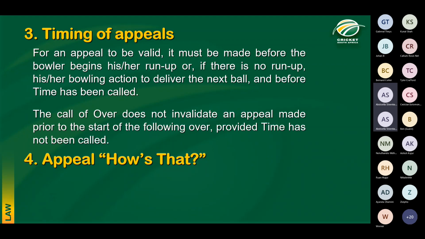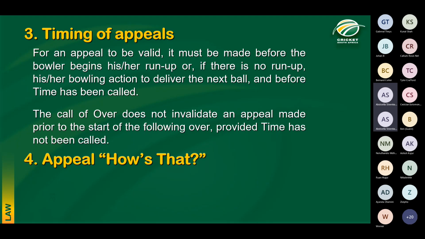Also, a call of over does not invalidate an appeal as long as it's made prior to the start of the next over. An example to illustrate this point is the final ball of the over. The ball goes against the pad. No one appeals.